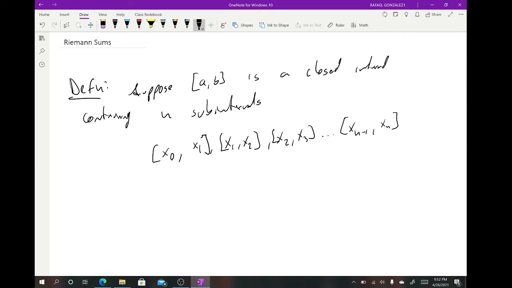These are all of equal length, and their length is given by delta x equals (b minus a) over n, with a equal to x0, b equal to xn, and obviously n is not equal to 0 because we cannot have division by 0.